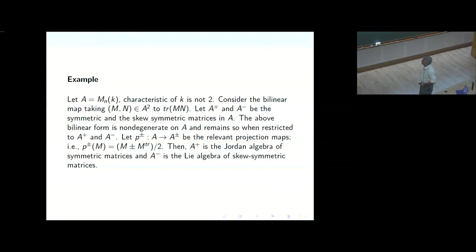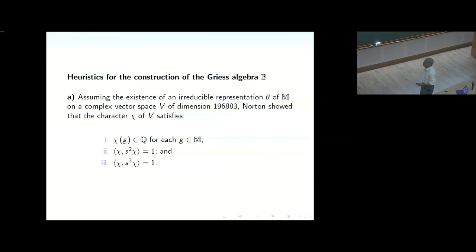Simple examples of this are the Jordan algebra structure of symmetric matrices. But the point is, they started with the assumption that there exists an irreducible representation of degree 196,883, acting on a complex space.